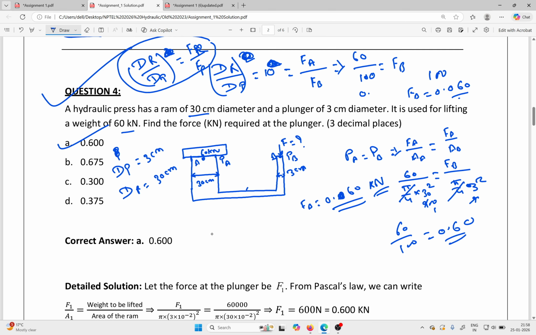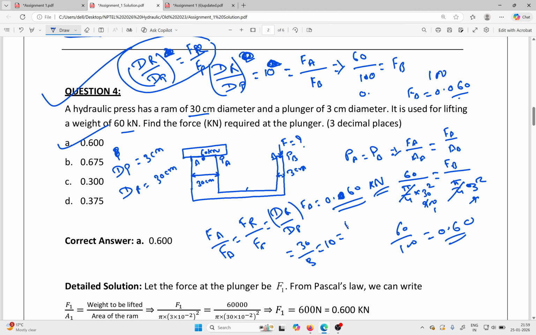Sorry for that. So your FA divided by FB, that is F at your RAM divided by F at plunger, is directly your D of RAM divided by D of plunger. So D of RAM is 30 and plunger is 3, so it is 10.